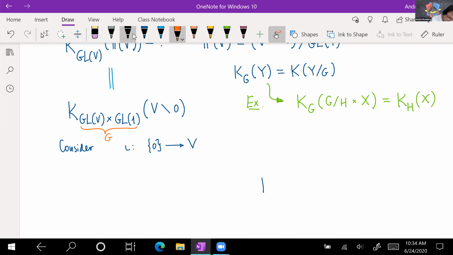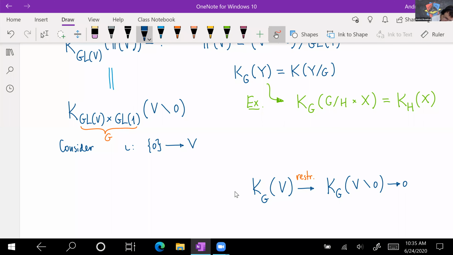So the way the long exact sequence goes is that I have the G-equivariant K-theory of the open set, V minus the origin, and this map is by restriction. And then there is this map where you have an equivariant sheaf on 0, and you just push it forward, extend by 0.